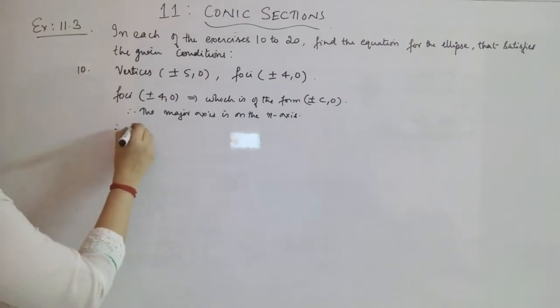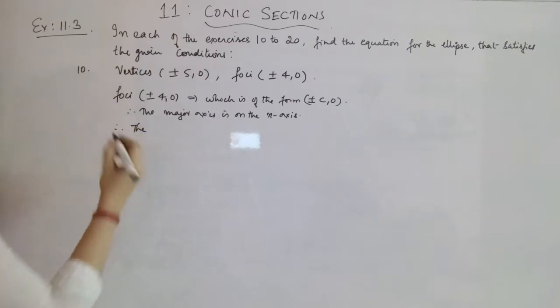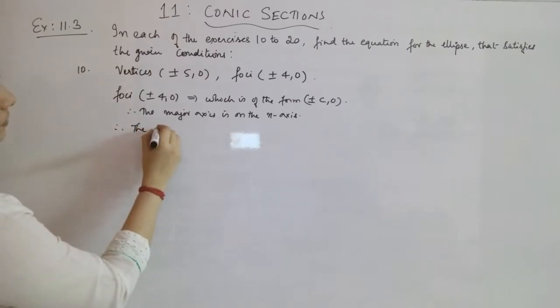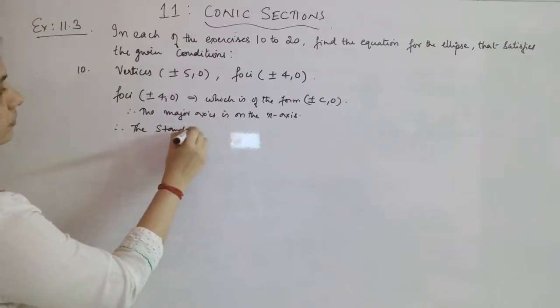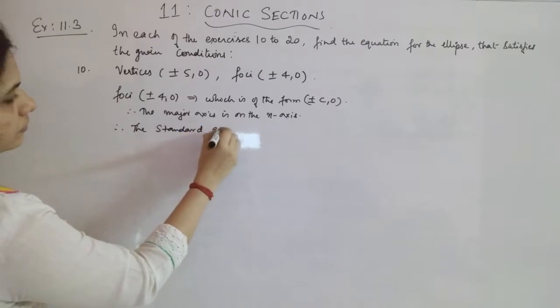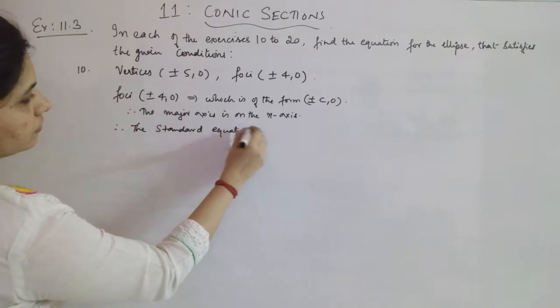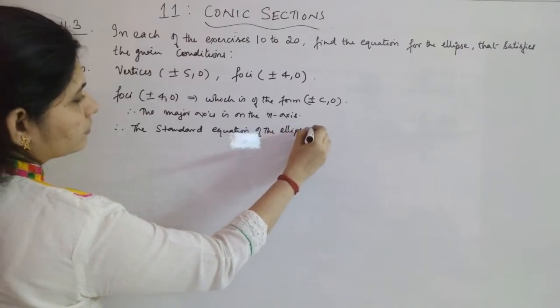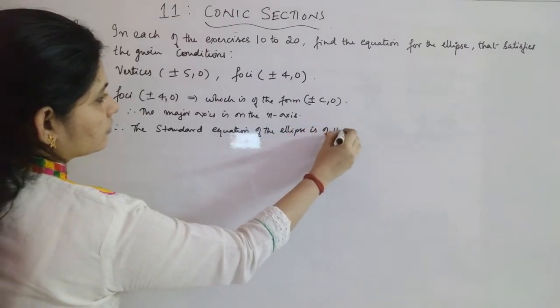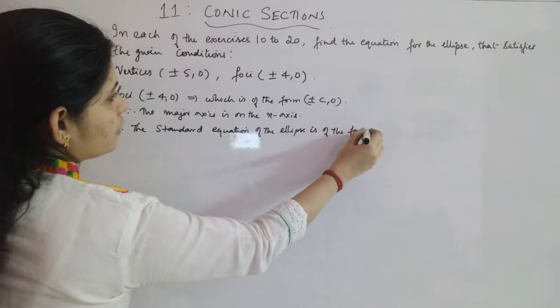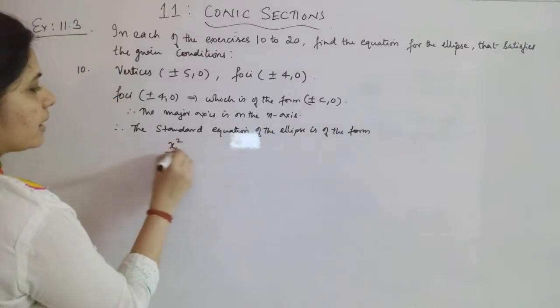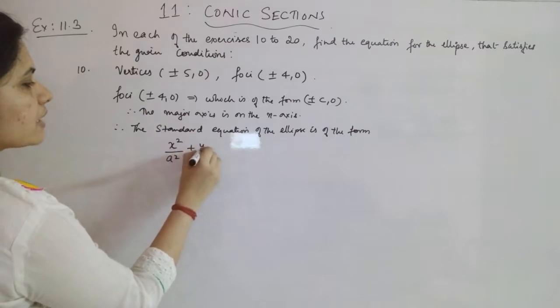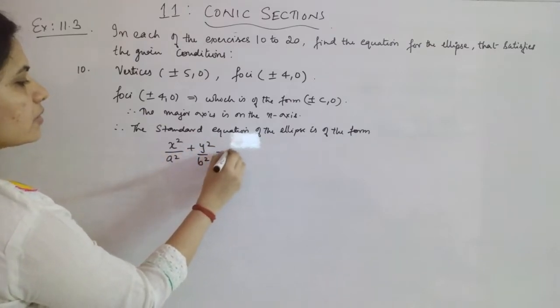Therefore, the standard equation for the ellipse will be of the form x square by a square plus y square by b square equal to 1.